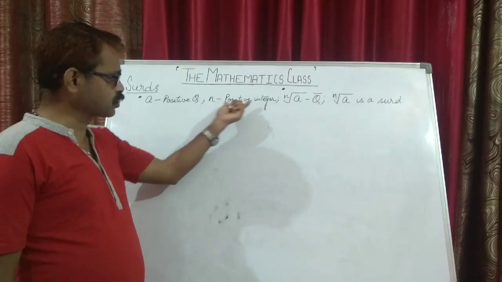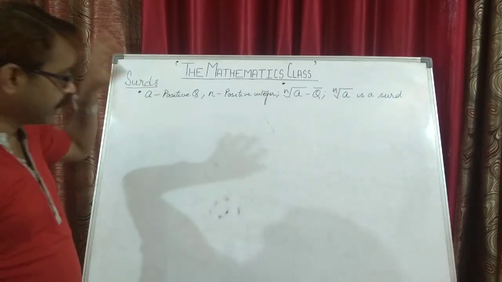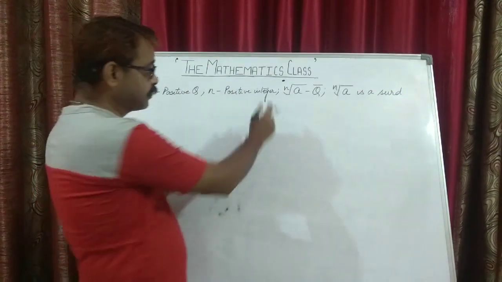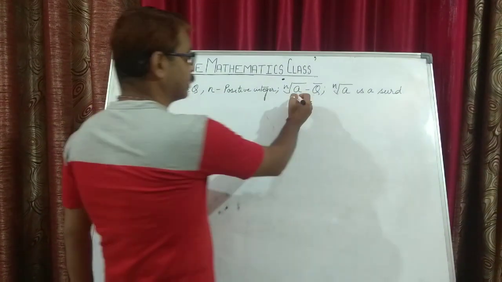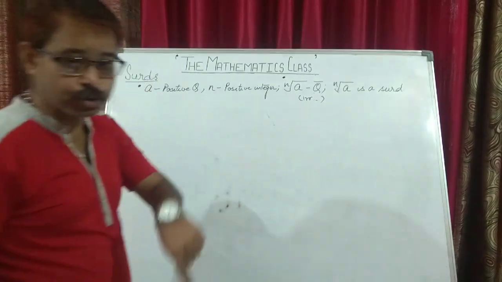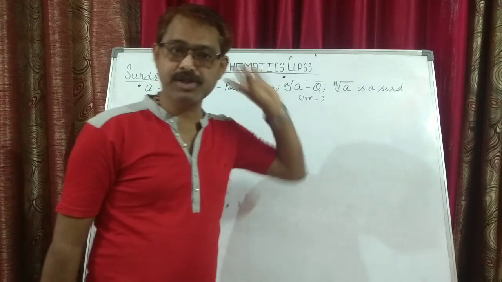If after these two conditions are fulfilled, the nth root of A is irrational, then nth root of A is known as a surd.